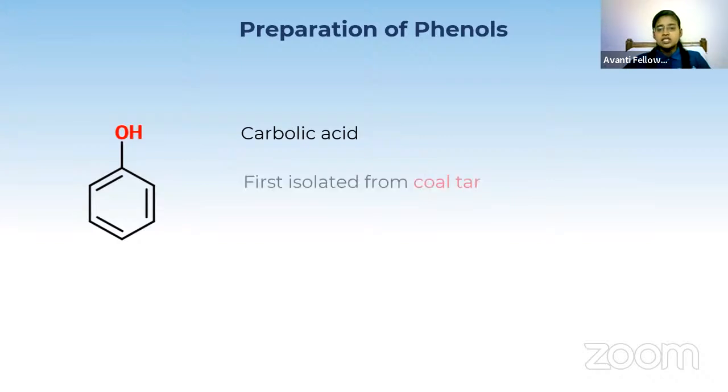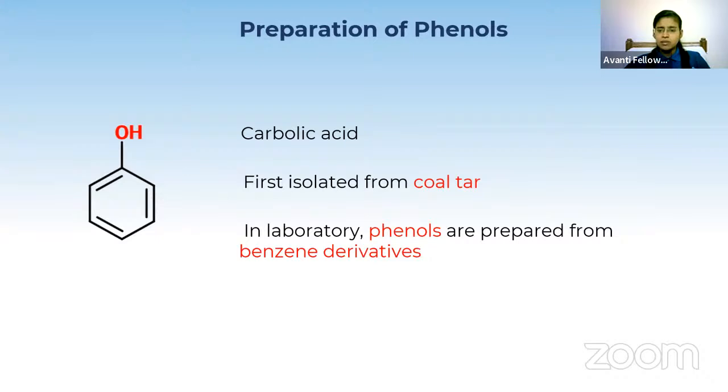It was first isolated from coal tar. In the laboratory, we can prepare phenol from benzene derivatives, like from chlorobenzene and bromobenzene.